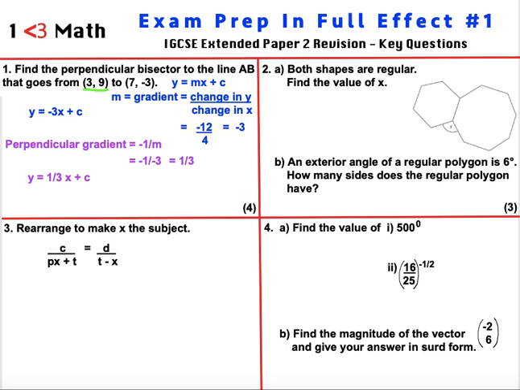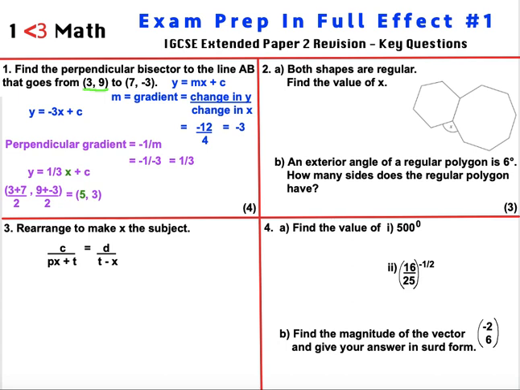However, a perpendicular bisector would bisect a line at the midpoint, so we need to find the midpoint of the line AB. So the midpoint of the line AB, we add the x coordinates together, 3 add 7 divided by 2, and we add the y coordinates together, 9 add minus 3 divided by 2, and that gives us a midpoint of (5, 3).